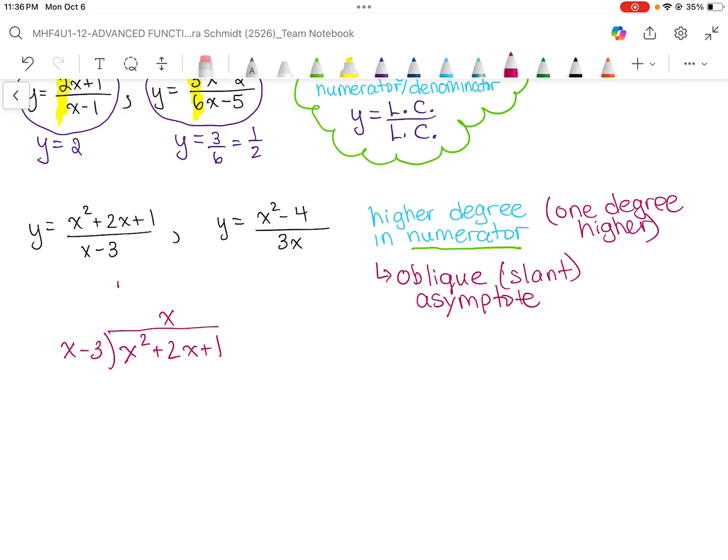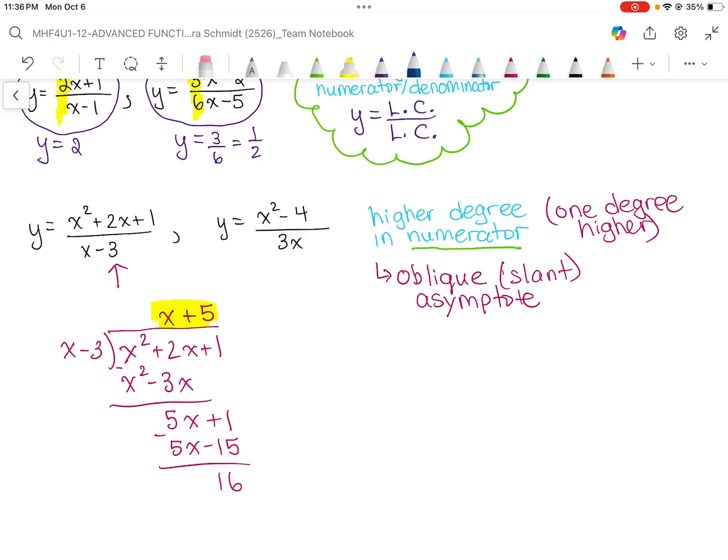So if I try this first one here, and I just quickly divide it, let's do that. This actually becomes our asymptote.